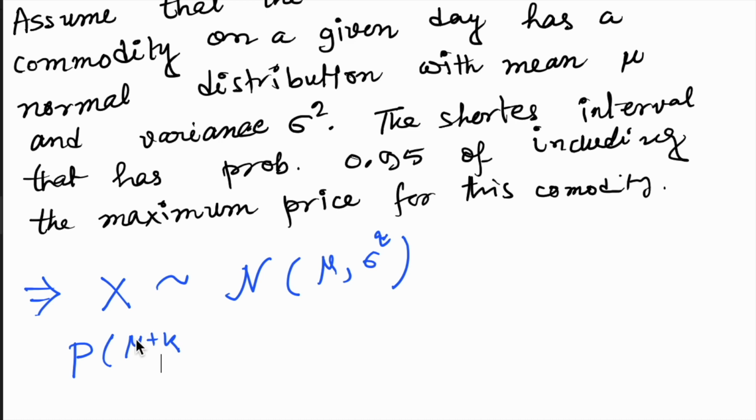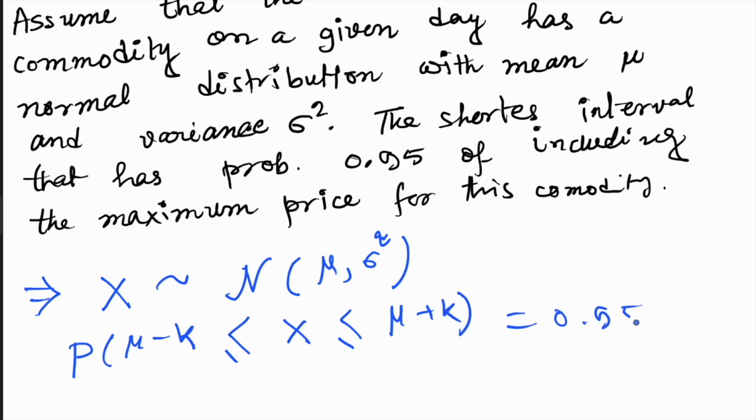Since the normal distribution is symmetric around its mean, we take the interval: P of mu minus k less than or equal to x less than or equal to mu plus k is 0.95. We have to calculate the value of k.